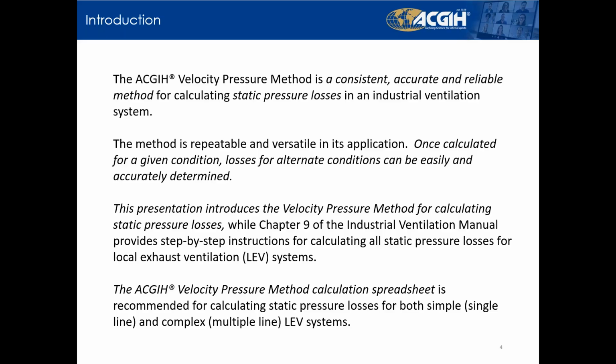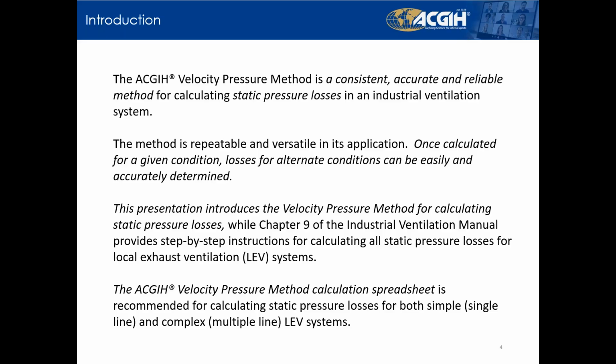Now, this presentation introduces the velocity pressure method for calculating static losses, while Chapter 9 of the Industrial Ventilation Manual gives detailed, step-by-step instructions for calculating all static pressure losses for local exhaust ventilation systems, which we call LEV systems.